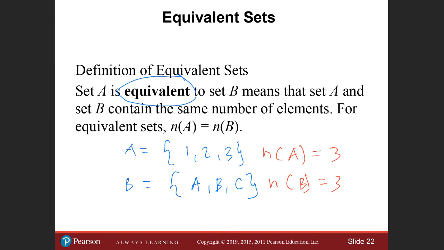So the two sets would be equivalent. A is equivalent to set B. Okay, counting the number of elements inside. So that's what it means.